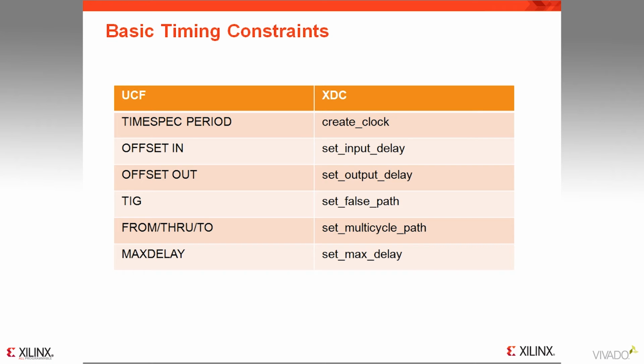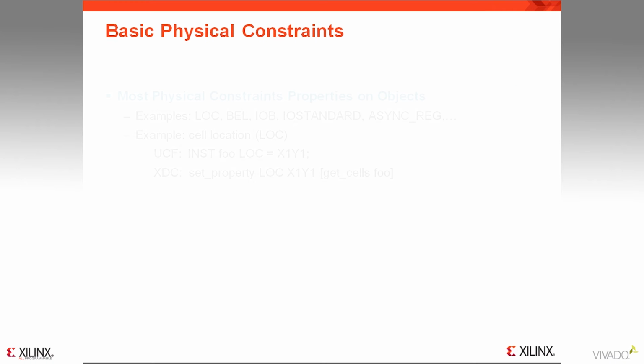Again, the closest would be the set_max_delay constraint in XDC, but the expectations are not exactly equivalent. Since XDC is based on SDC, which is an industry standard constraint behavior, we are aligning with that industry expectation about these timing constraints. There will be more specific information on these individual constraints. This is merely a high-level mapping to give you a starting point of reference.